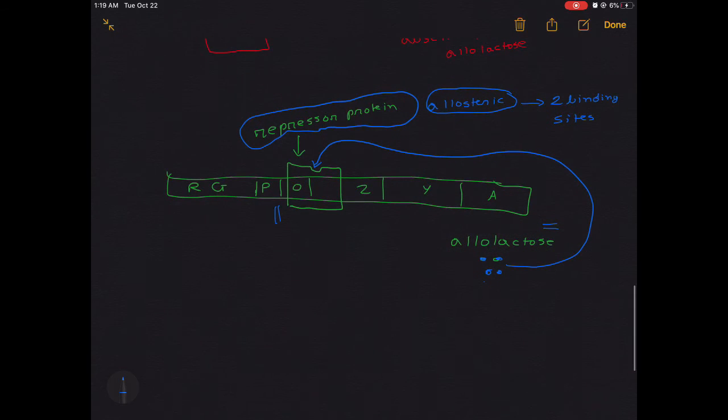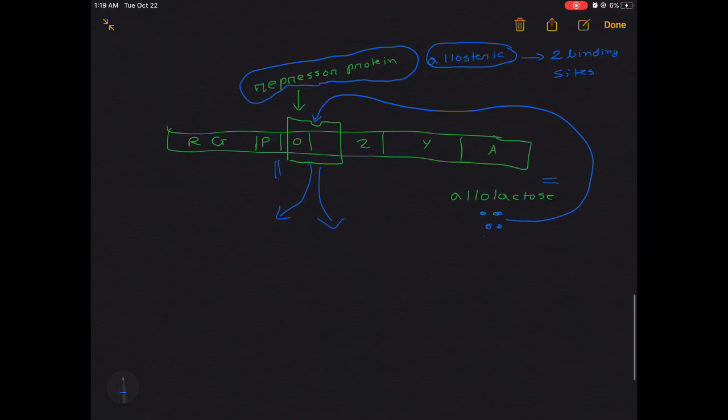So when allolactose binds to our repressor protein on one site, the other site, which usually binds to the operator region, is blocked. So when this happens, the repressor protein gets shifted out of the operator region.